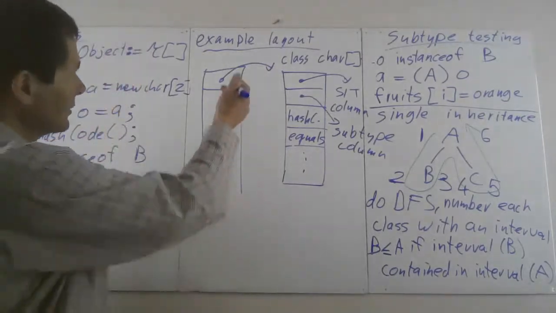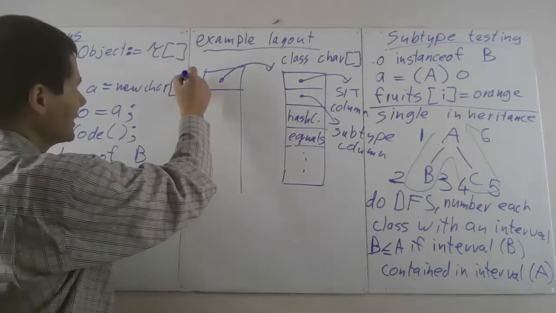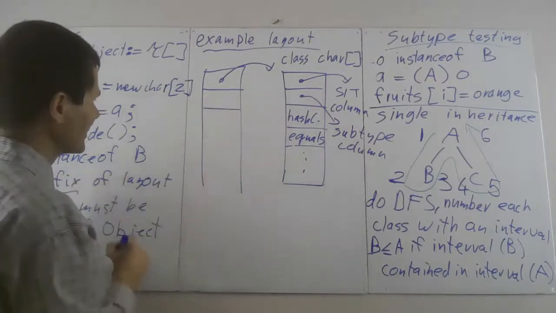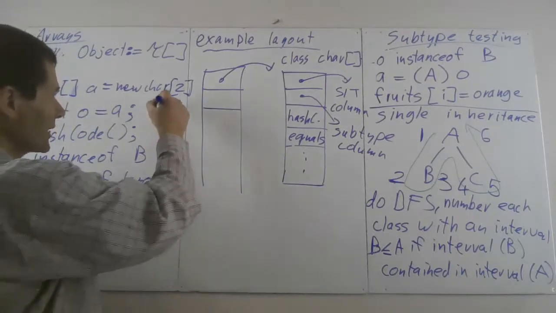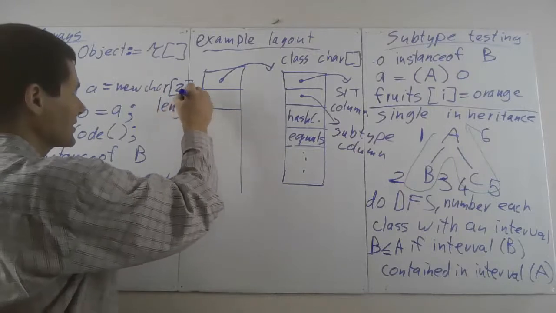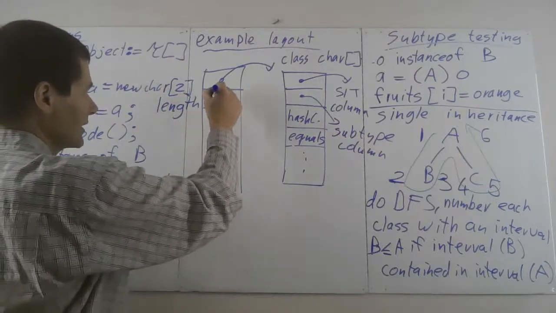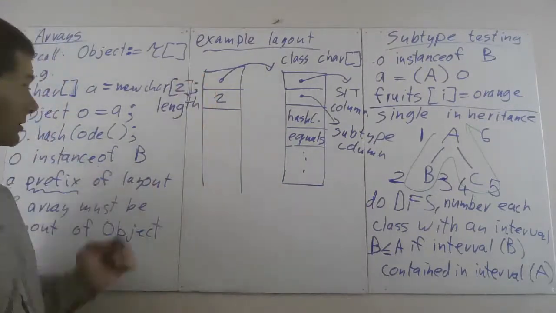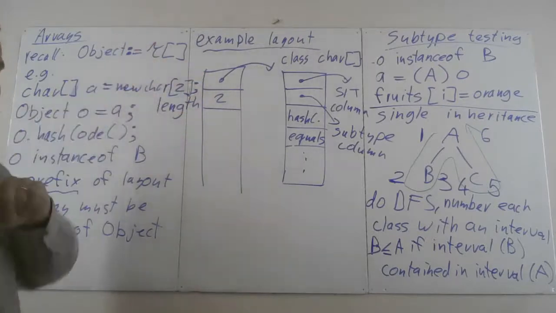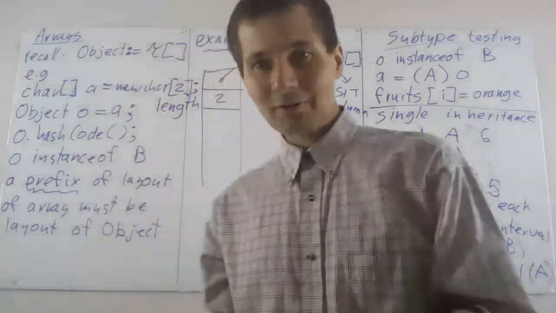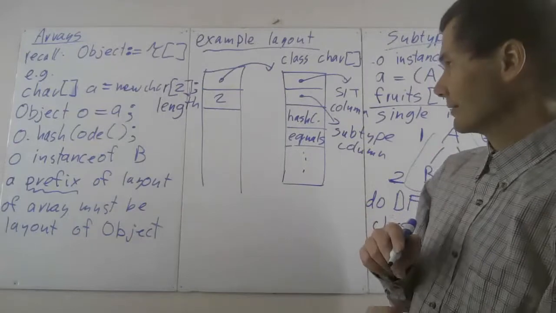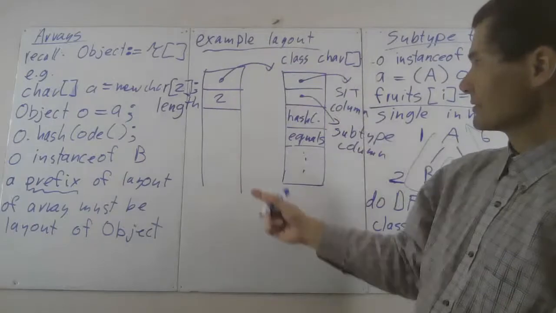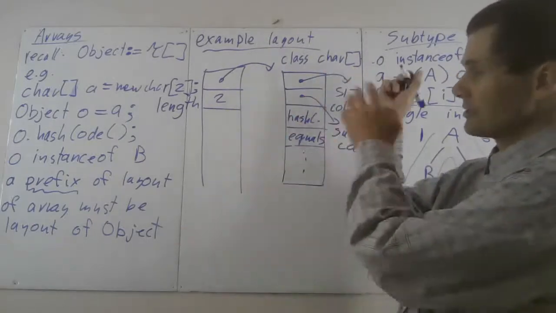Okay, and what about the array itself? Well, obviously you want the elements, but before you put the array elements, the one other thing that an array always has is its length, right? So I'm going to say my example here is a character array of 2 characters. So I'm going to have a field for its length, and you want to always be able to find the length of an array. So it has to have the same kind of data structure as an object of some class.